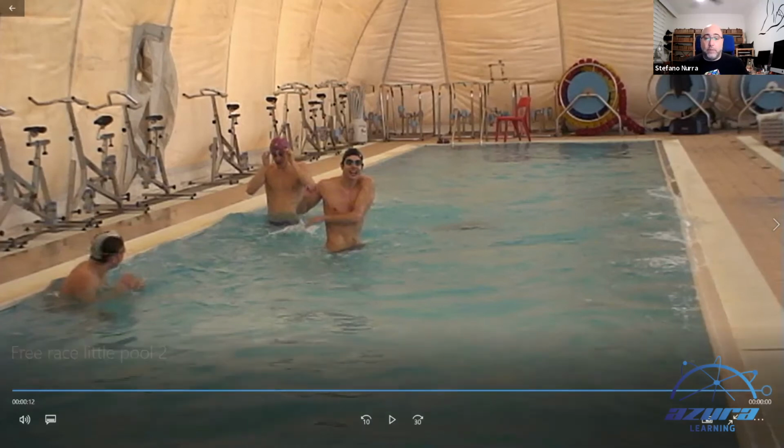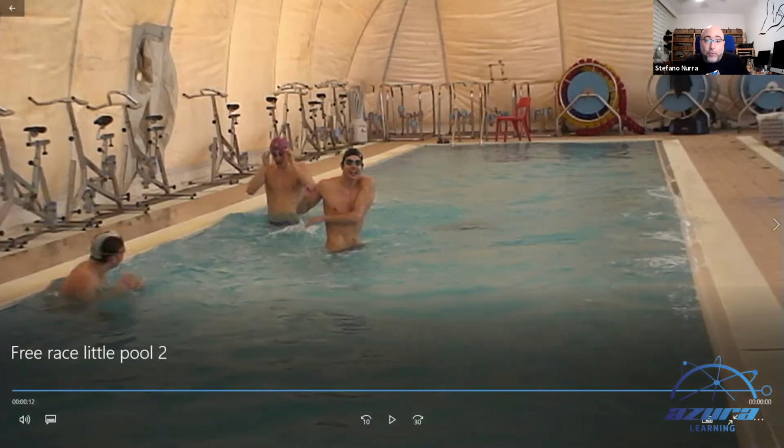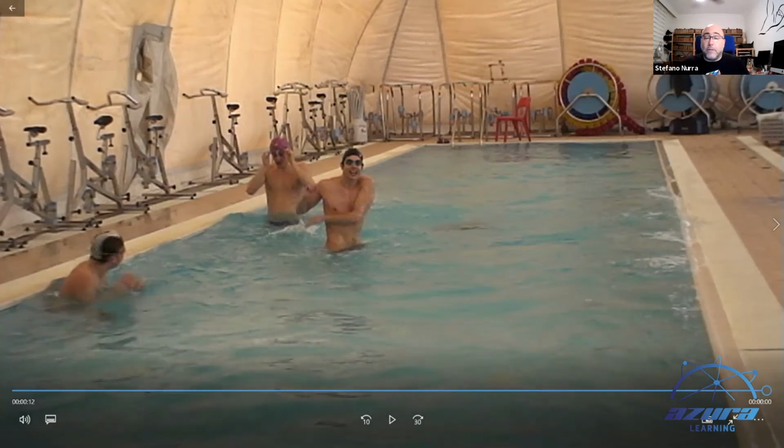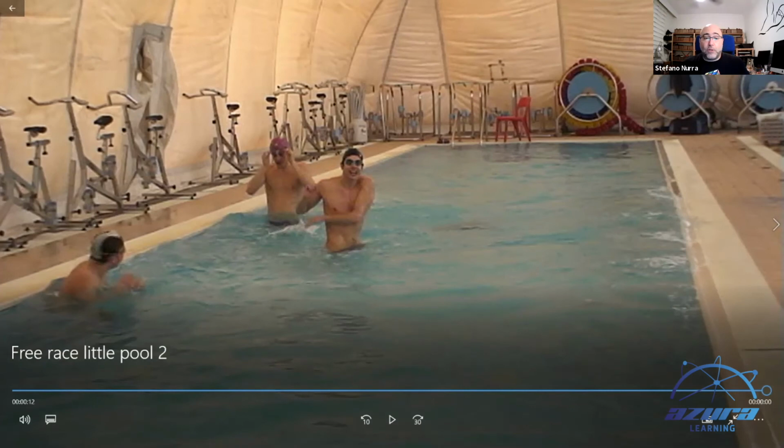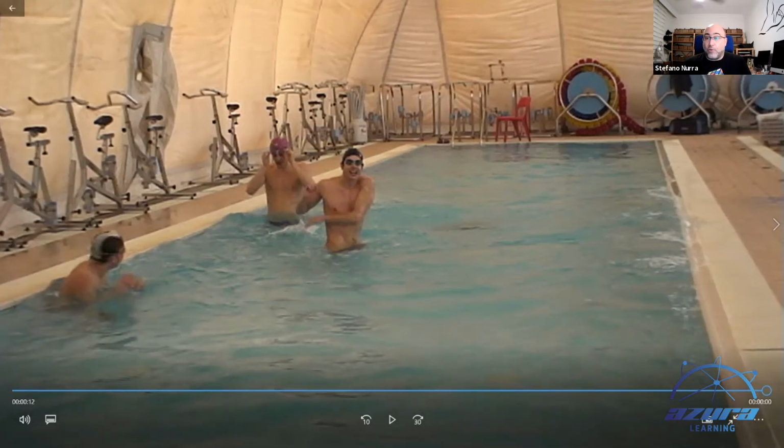This is a small pool we usually use in Italy for the babies. I like this pool for the turn because it's very shallow, so the swimmer needs to close the body, otherwise they can crash with the bottom. This was a race.